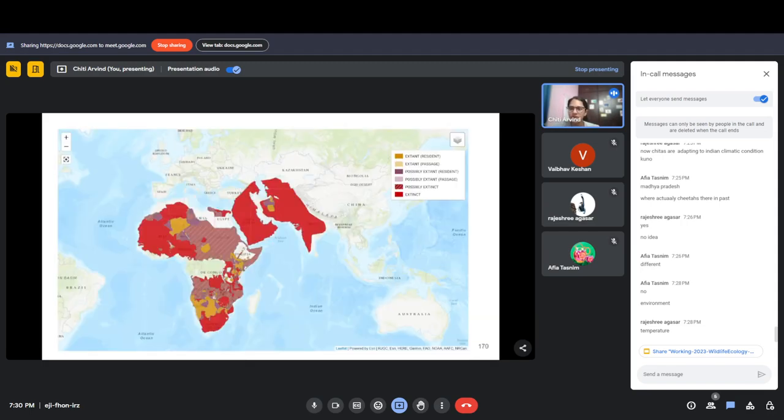So if we cover the range where the cheetah is actually found, it covers a very large area. You have extent where basically it's a resident, which are these orange areas shown out here. Then you have passage, which is basically where they pass through, which are these light shaded areas in the center.